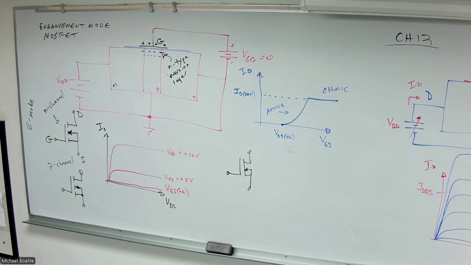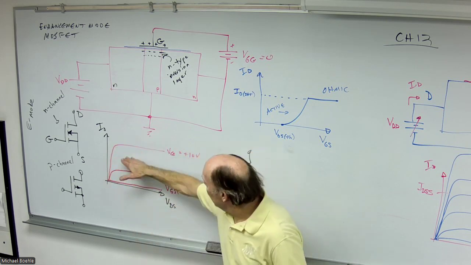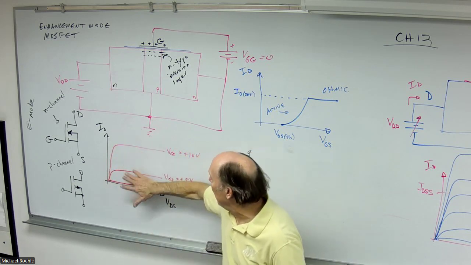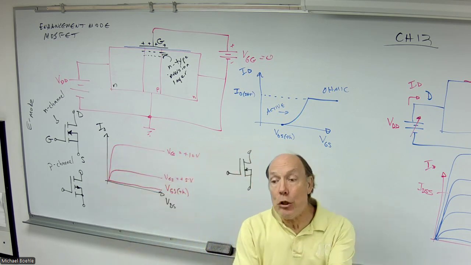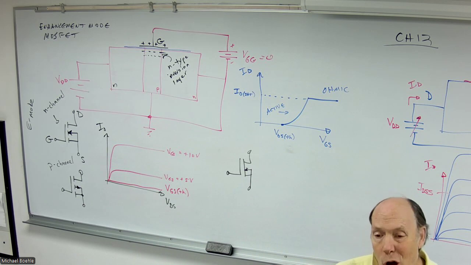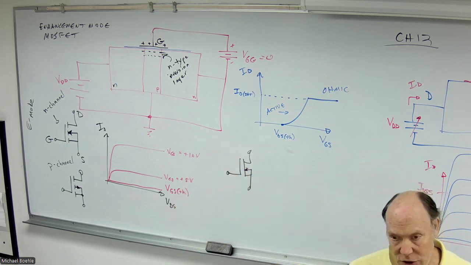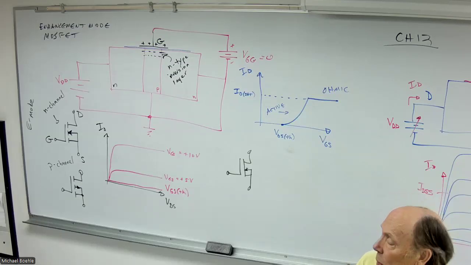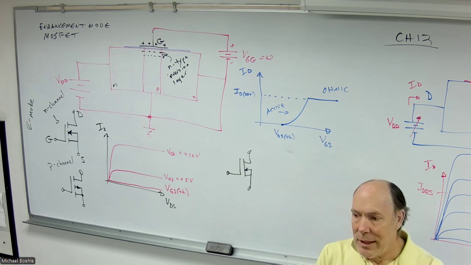So just so you understand, you do have the ability to bias this transistor into the active region. You operate in this area here where your gate source voltage is controlling the amount of drain current, and you do have the ability to build an amplifier with this. But more often, this device is used as a switch. And for that purpose, we're going to basically operate between cutoff and the ohmic region.